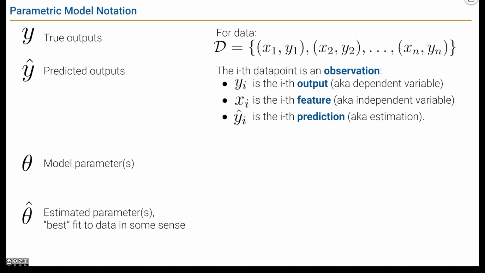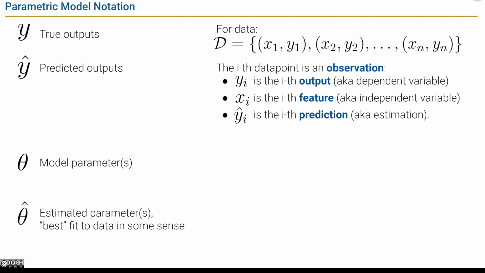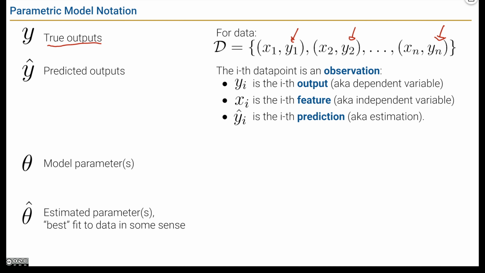Okay, so I'm going to go over some notation that we'll be using as we formulate this idea. The first is the actual data points that you've observed, x1, y1, x2, y2, so those are just x sub i, y sub i. Y hat are the predicted outputs, whatever our model predicts.